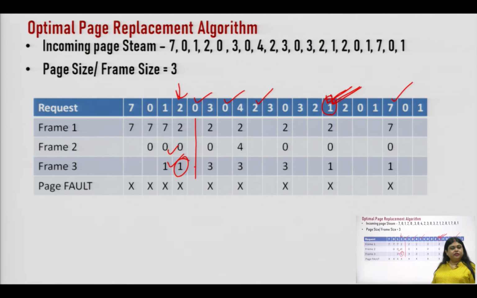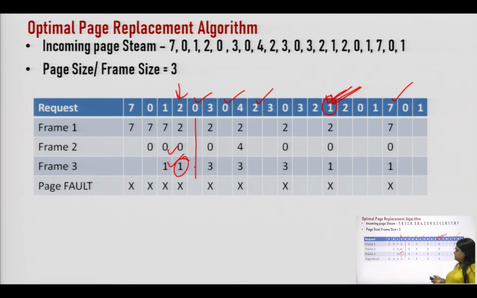So, you can see how drastically the number of page faults has reduced. We have a very small number of page faults. What is the main reason behind it? The main reason is that we are looking at the future, and whatever is required in the near future, we are retaining, and whatever is required much later in the future, we are replacing.